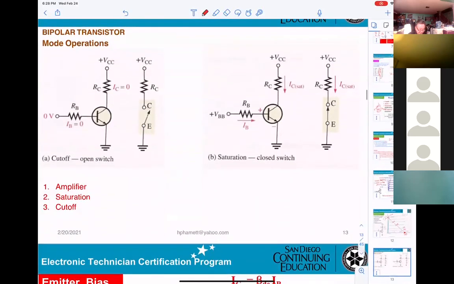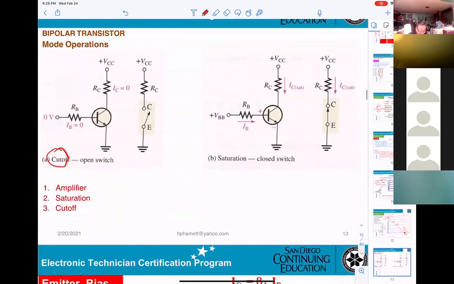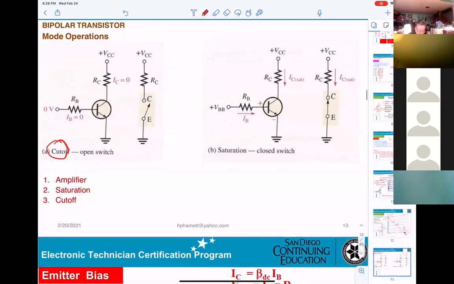Now, you can see they show you here cutoff. Cutoff means no current flows: IB, IC, IE equal 0. So it is like a switch. They can close it, they can open it, like an open switch right here.